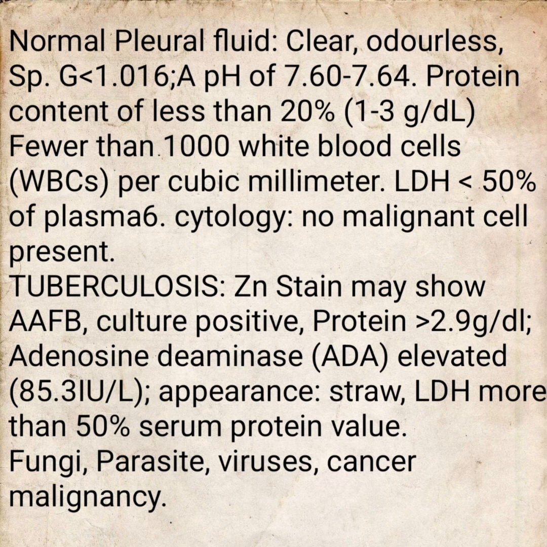The protein and the adenosine deaminase will be elevated. These are reasons for you to suspect that it is tuberculosis that you are dealing with. And the appearance is usually straw-like. We can also suspect fungi, parasites, like I earlier mentioned, viruses, cancer, and other malignancies.